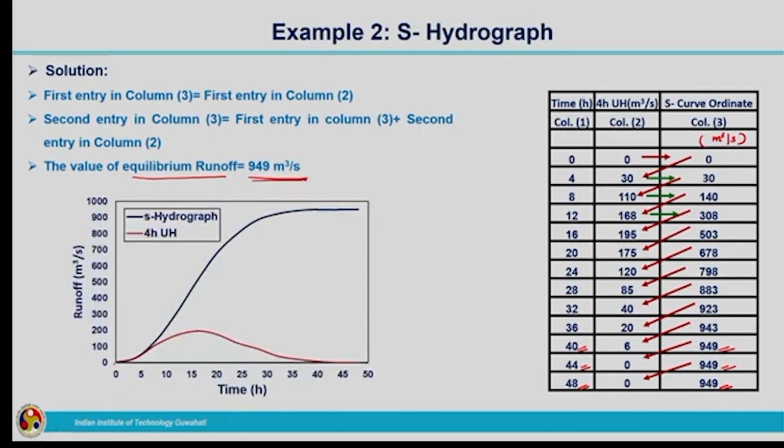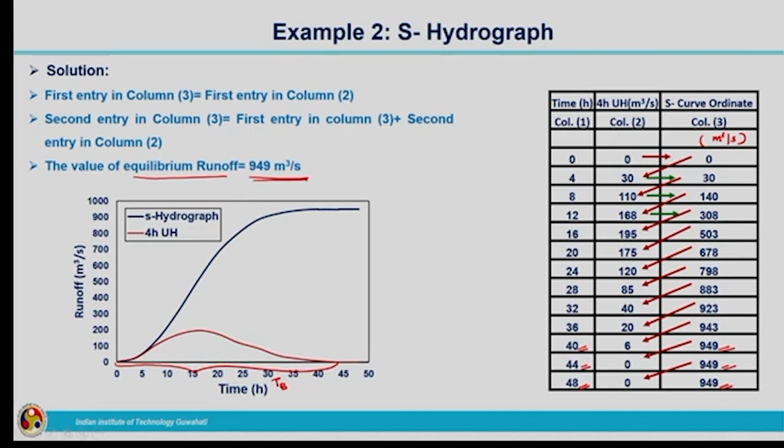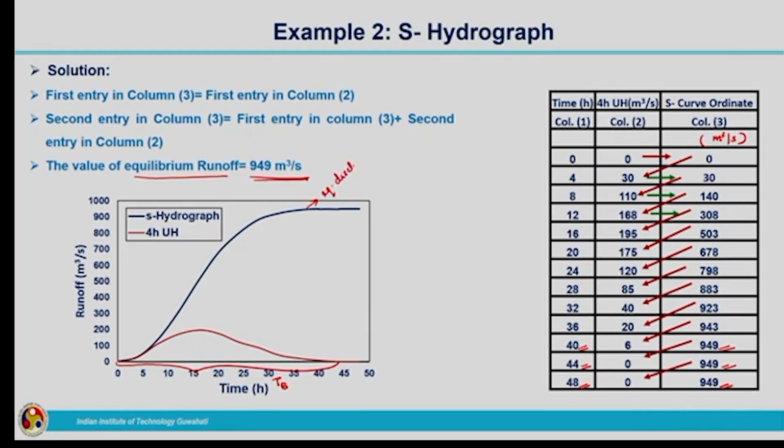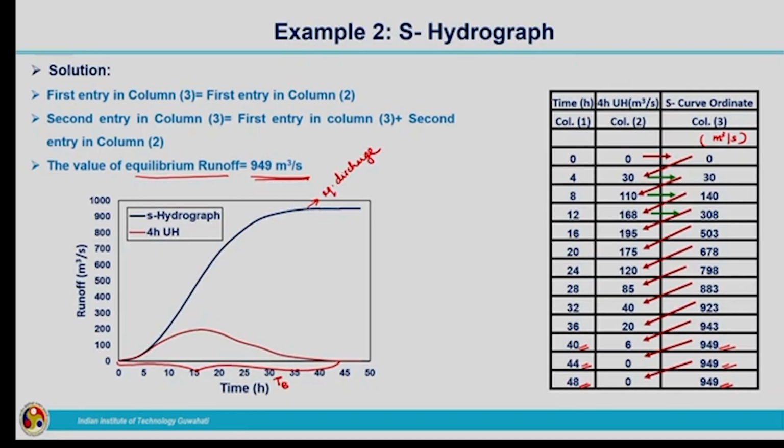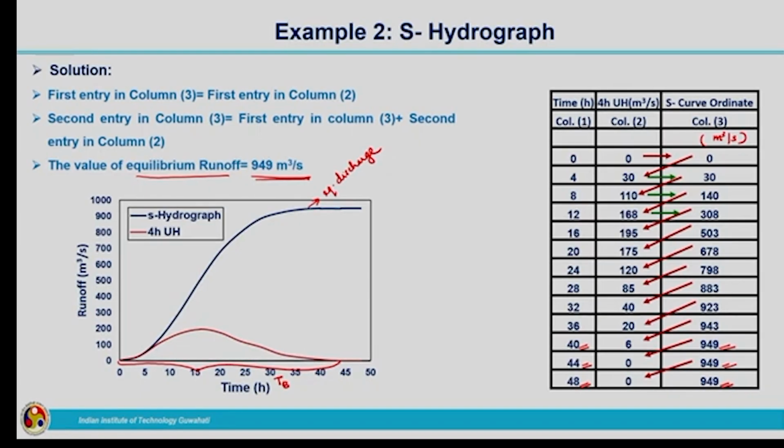So, you look at the figure, as the time base of the unit hydrograph is reached, that is around 44 hours, right? The S hydrograph has attained the equilibrium discharge. After certain time, how we are producing the S hydrograph? We are putting the unit hydrographs at a required lag, or we are placing the unit hydrographs with the duration of the unit hydrograph and summing up the ordinates.